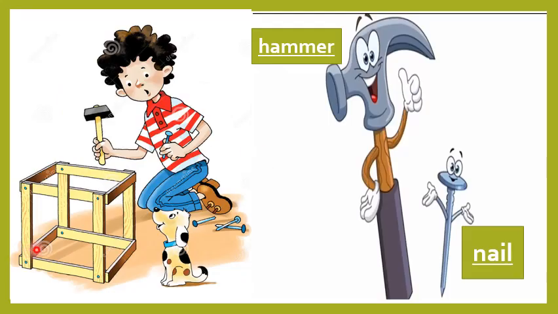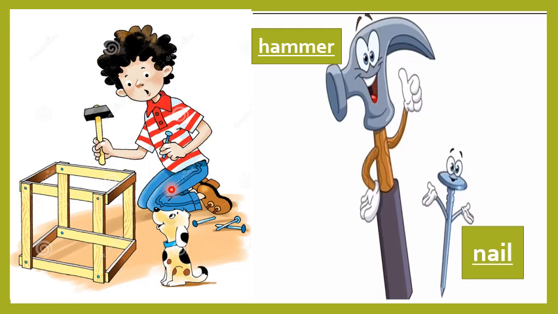Children, you must have seen a carpenter. See here, he is a carpenter. You can see a hammer in his hand, and in his other hand he has a nail. This is a nail, and this is a hammer. With this hammer he will nail these pieces in the table and make a table.